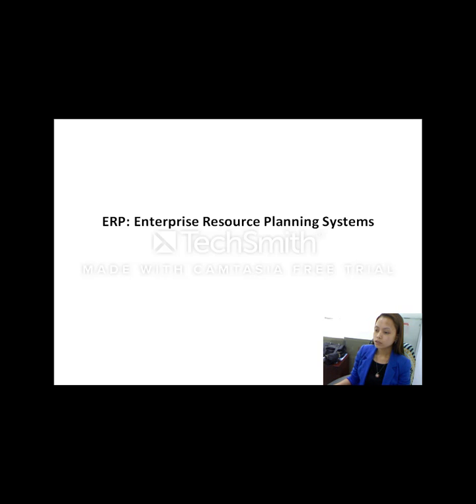The applications that make up the system share data across various departments, manufacturing, purchasing, sales, accounting, that provide the data. ERP facilitates information flow between all business functions and manages connections to outside stakeholders.